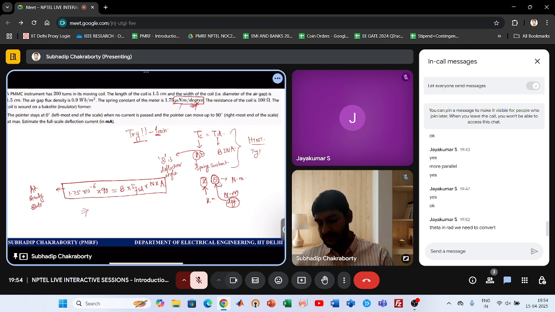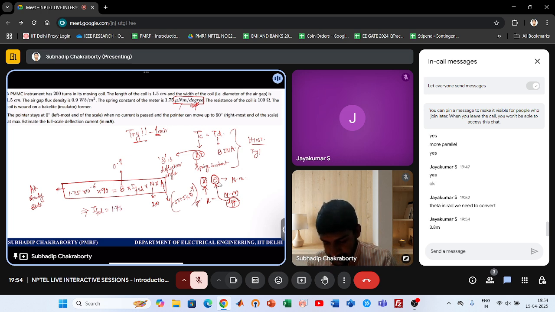Calculate what is it coming? So B is 0.9 and N is 200 and A you can take as 1.5 into 1.5. Now it is centimeter, so 10 to the power minus 4 square meter, right?